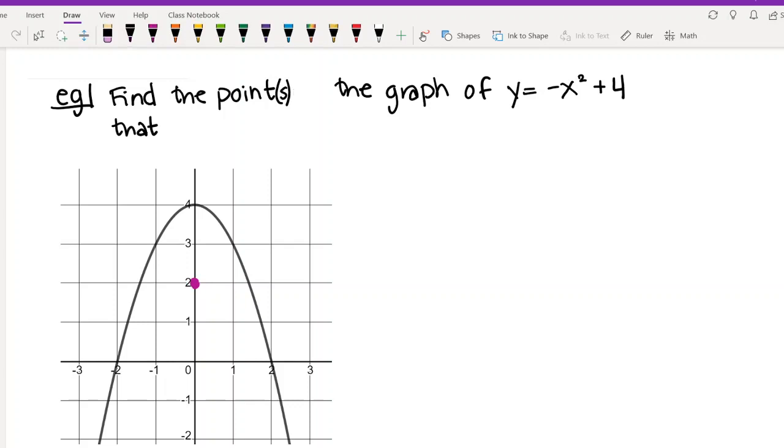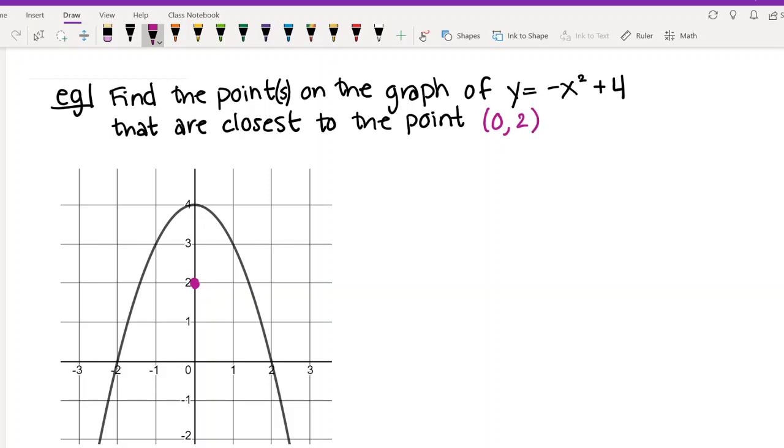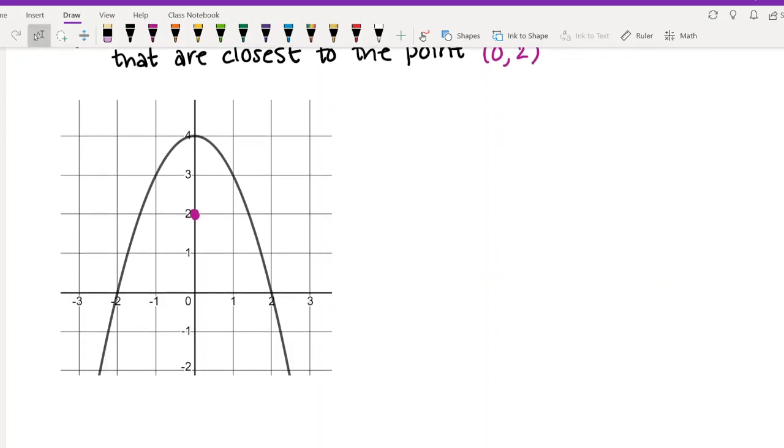And let me just neaten this up a little bit. So that are closest to the point 0, 2. Okay, so let's draw a sample point just to see what we're talking about here. For example, if this was your point, I'm just going to label this x, y, because it's just some generic point.